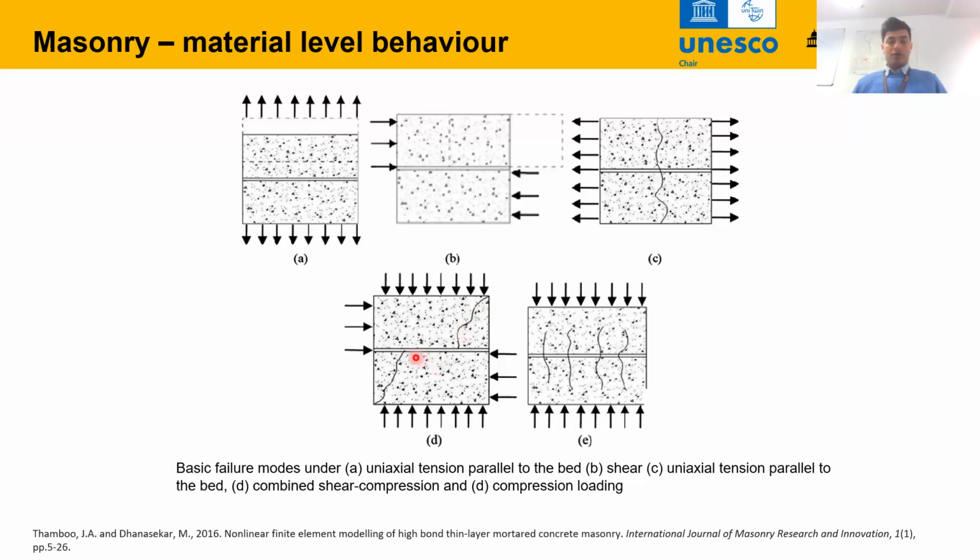In that case, we have mixed mode of failure, for example, splitting of units or shearing through the mortar joint. And under pure compression, we have splitting of both the mortar joint as well as the units. So these are elementary level failure modes in masonry.